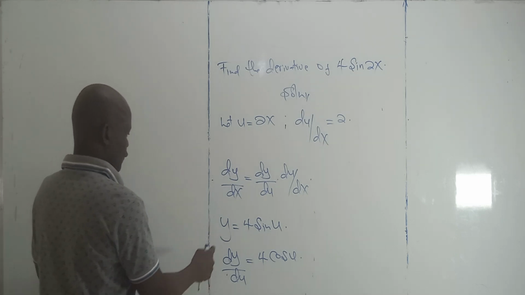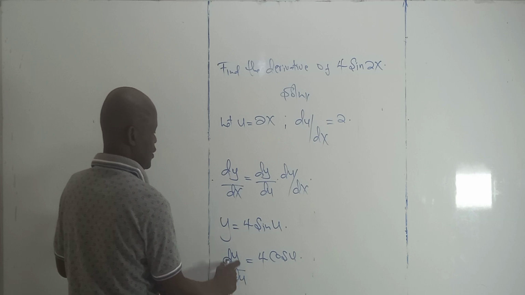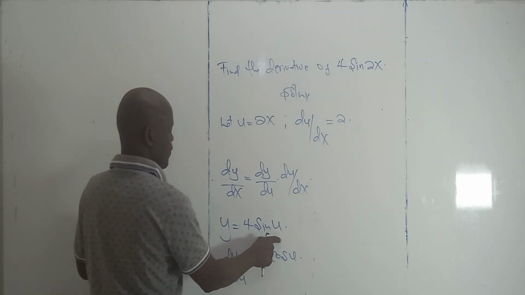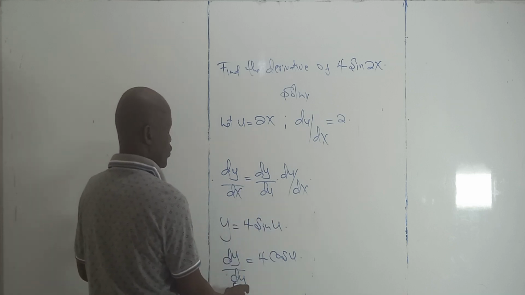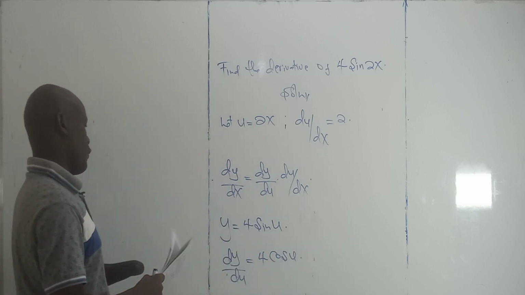So if y is 4 sin u, then dy du, that is differentiating this function y with respect to u, should give me dy du is equal to 4 cos of u.